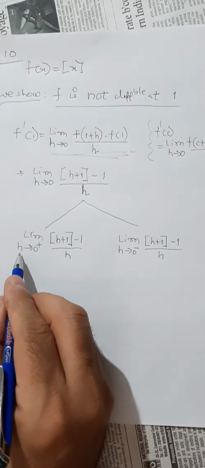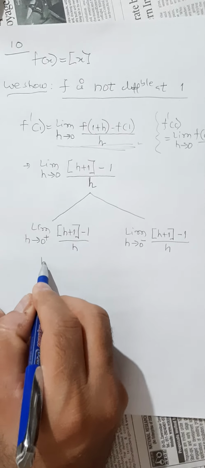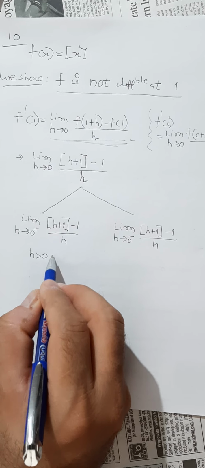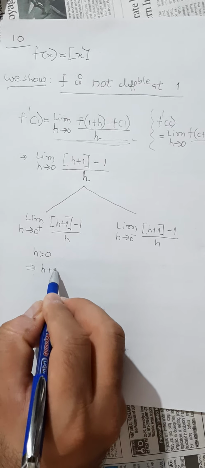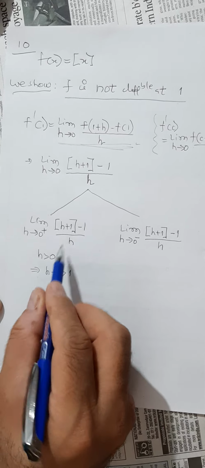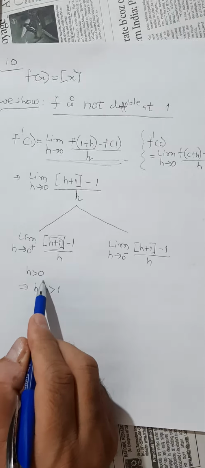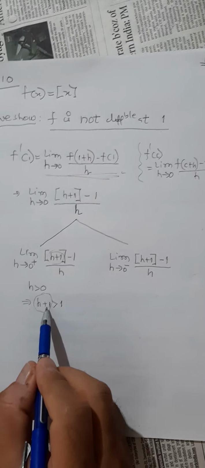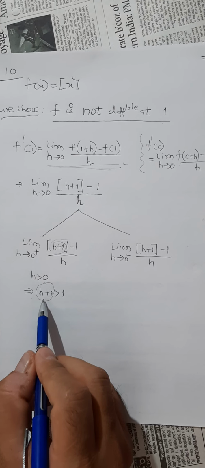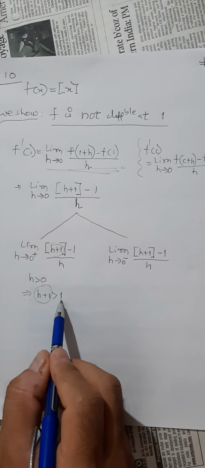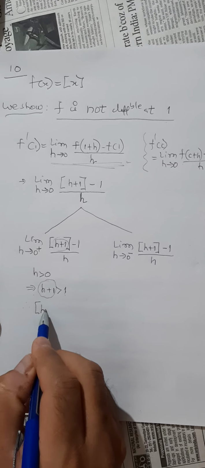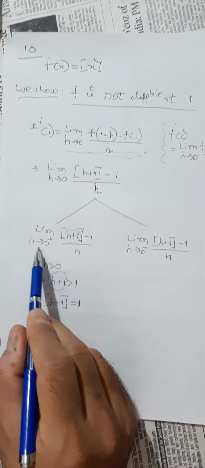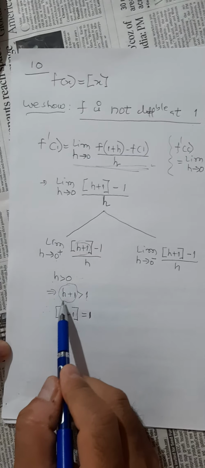So now use this. This means h is greater than 0. You need h plus 1, so I'll just add 1 on both sides. So h plus 1 is greater than 1. You want the box of this, remember. Now this number is more than 1, like 1.1, 1.2, 1.3. So what's the box value? It would be just 1. I repeat, h tends to 0 from right, so h is more than 0.